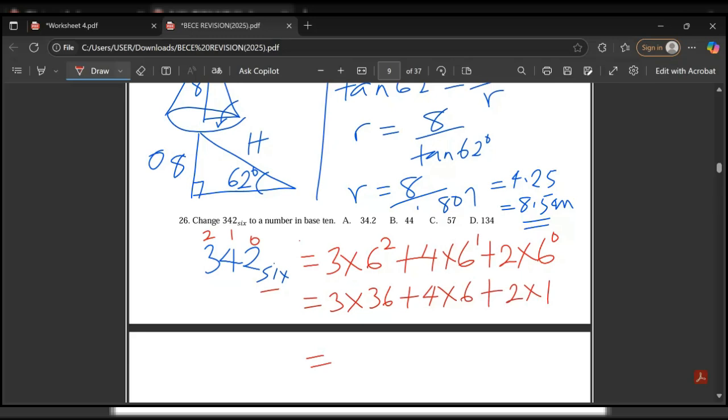So 3 times 36 is 108, plus 4 times 6, 24, plus 2 times 1, because anything raised to the power 0 is 1. That's why 6 raised to 0 is 1. Plus 2.